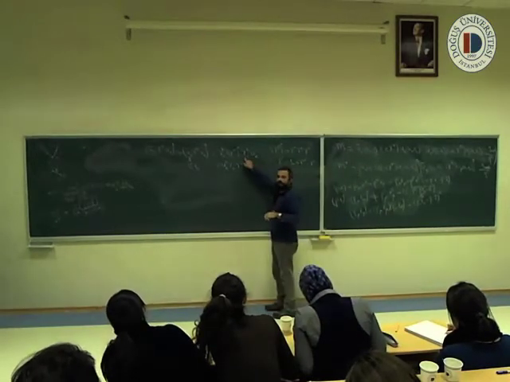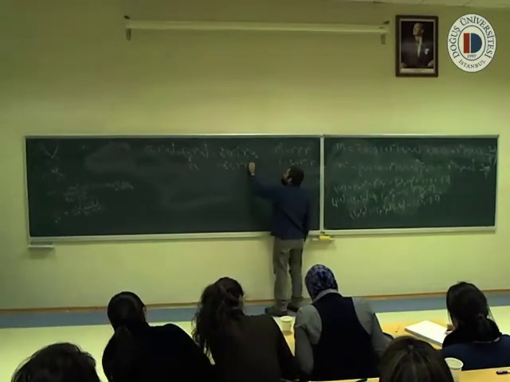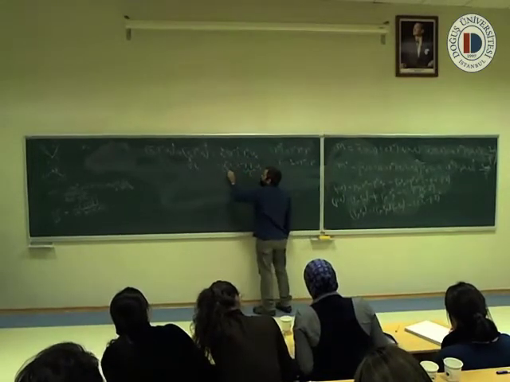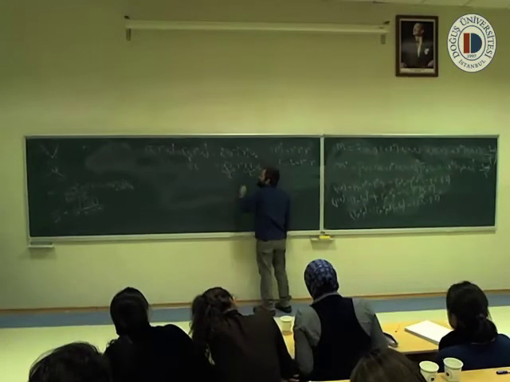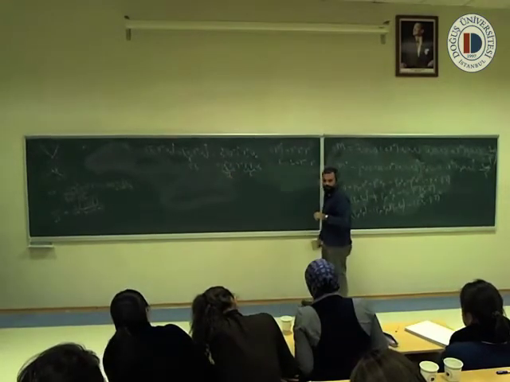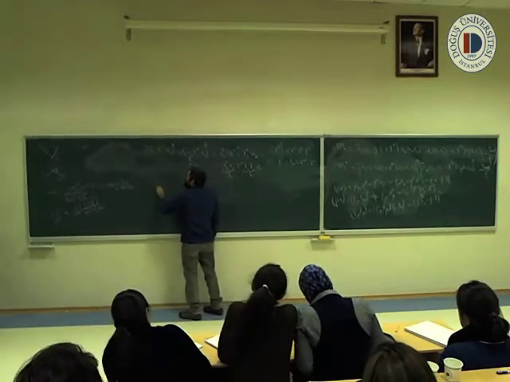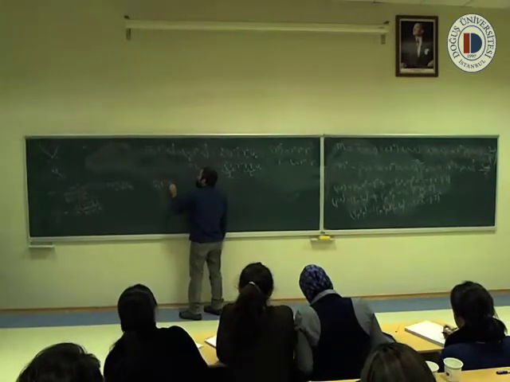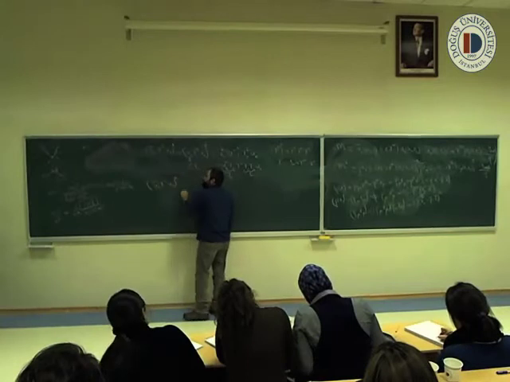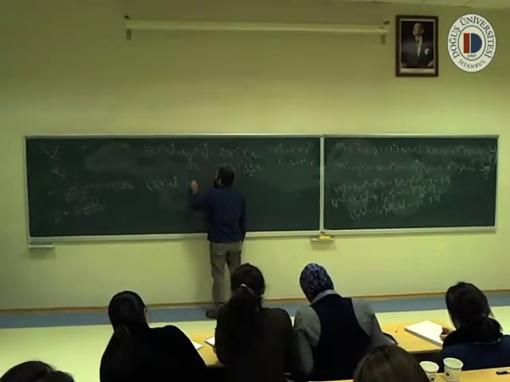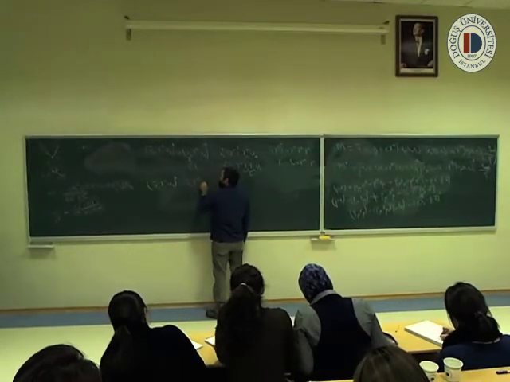This one is 1, and this is u_e bar. So what we have shown here is that u_e bar gamma omega u_e, complex conjugated, is equal to u_e bar gamma omega u_e with the spinors swapped.